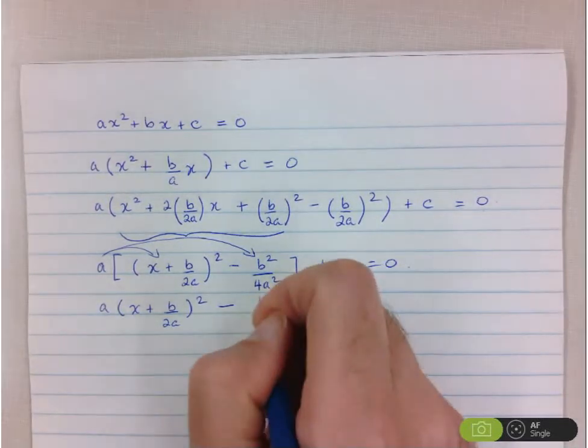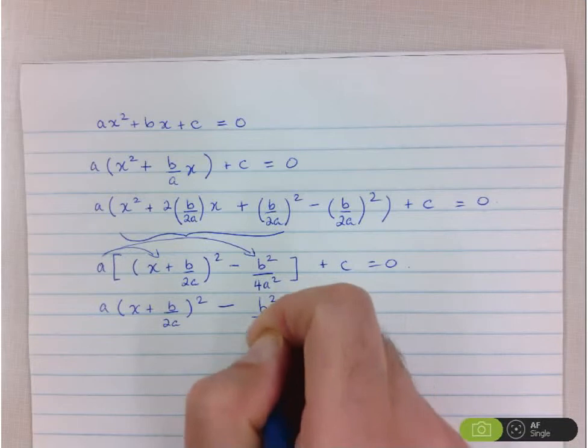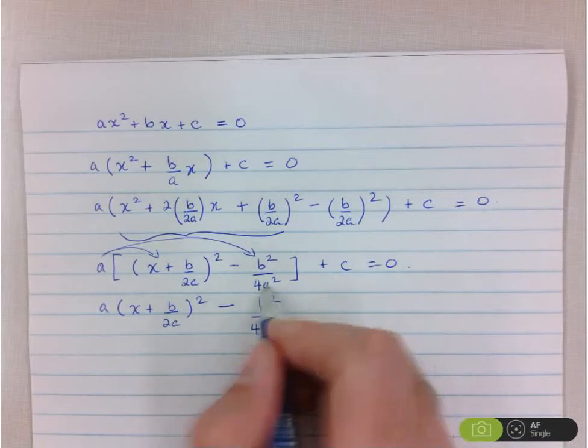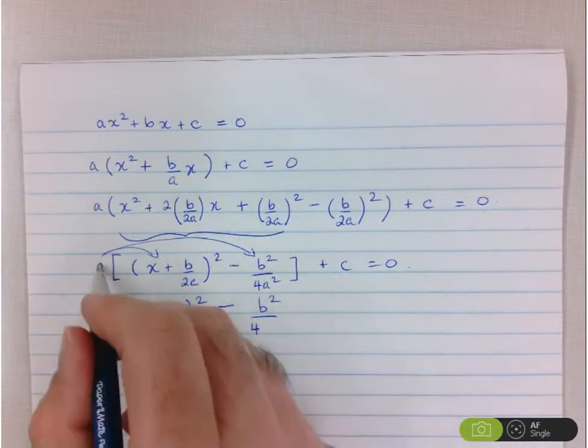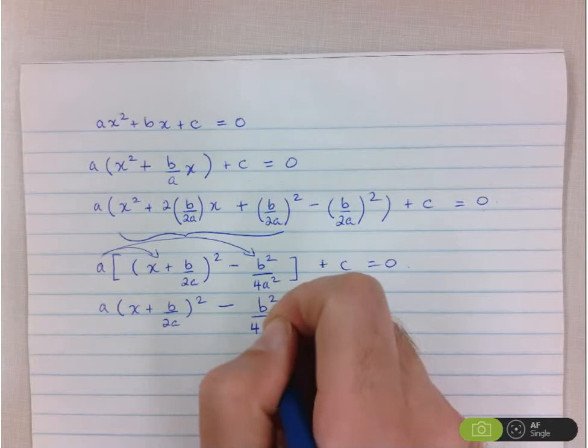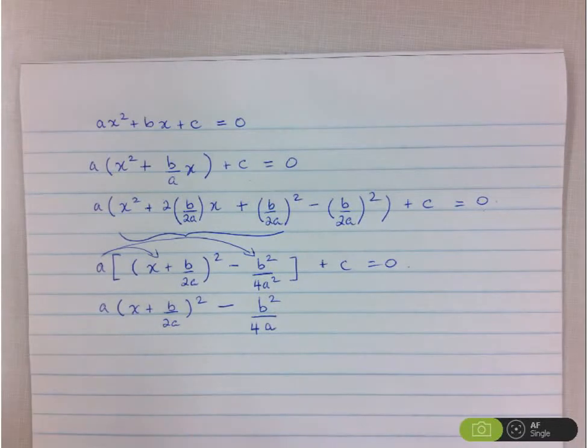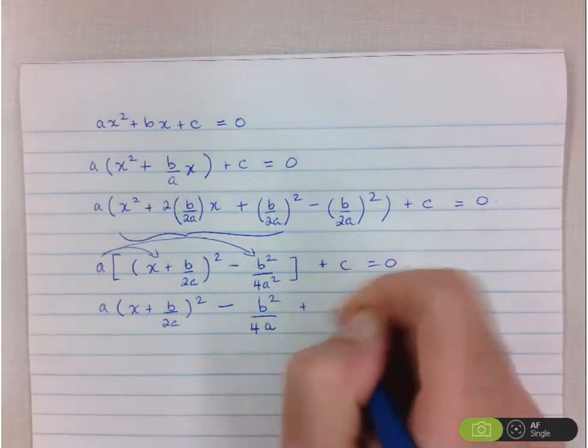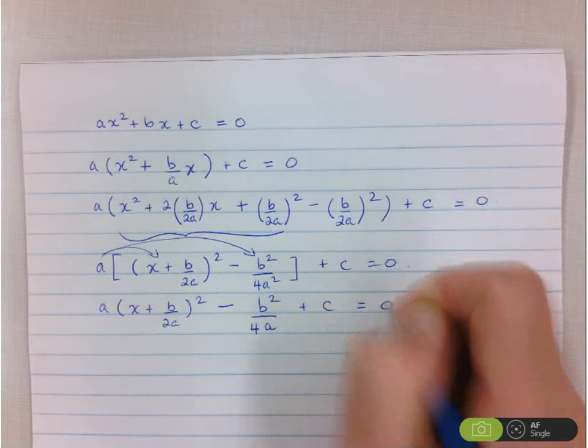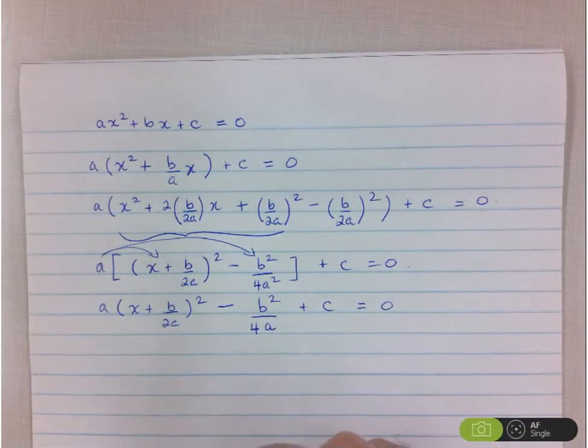So we're left with, we still have the b squared in the numerator, okay, but one of the a's in the denominator has reduced with this a that we've multiplied. So we're actually just left with b squared over 4a plus c equals 0. So we've now completed the square. We can move on to solving for x using opposite operations.